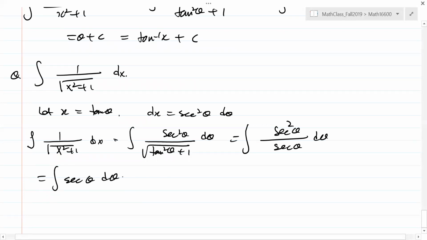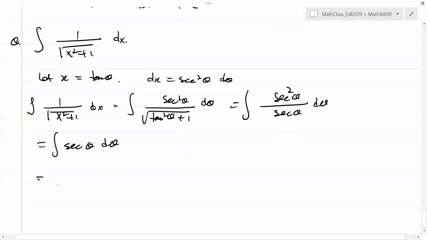Okay, so it's the integral of secant theta. If you don't know that, then you have to redo the problem.